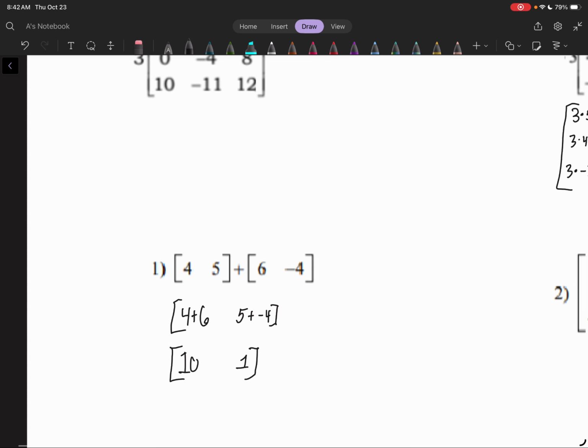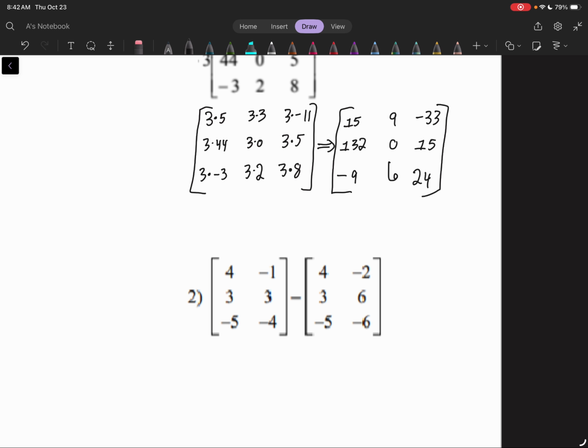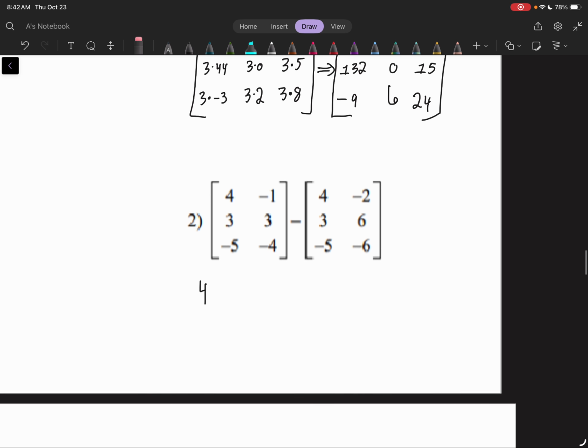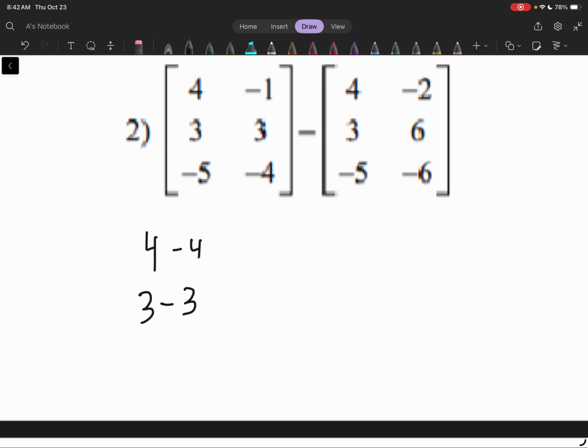If you want to subtract a matrix, you have to distribute the negative. So this is 4. I should make that bigger. This is 4 minus 4. 3 minus 3. Negative 5 minus negative 5.